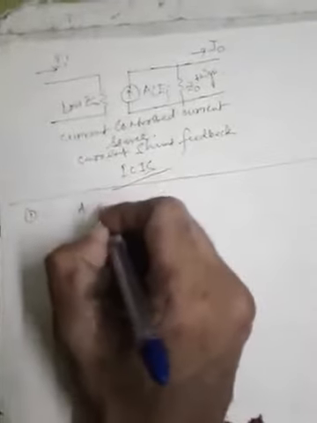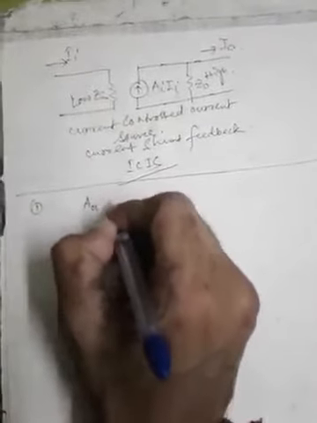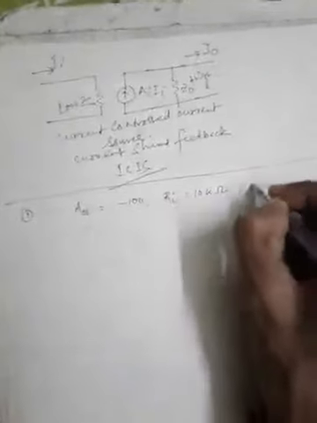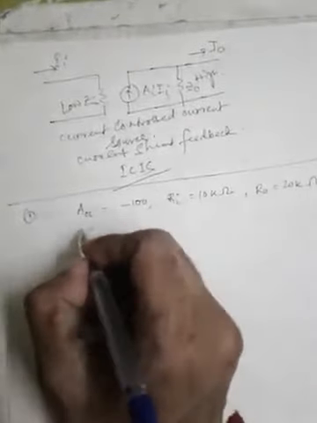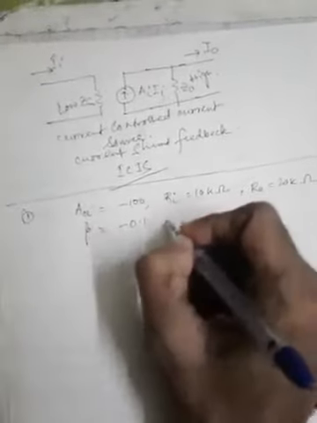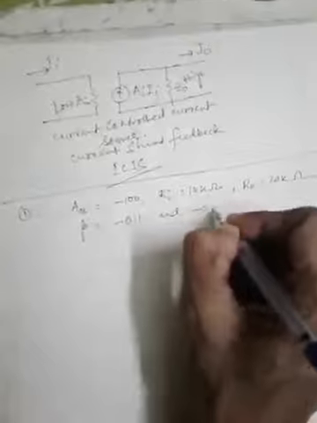Problem number 1: determine the voltage gain, input and output impedance with feedback for voltage series feedback, where A, meaning open loop gain, is minus 100, Ri is 10 kilo ohm, RO is 20 kilo ohm, and beta, the feedback factor, is given as minus 0.1 and minus 0.5. So these data are given.